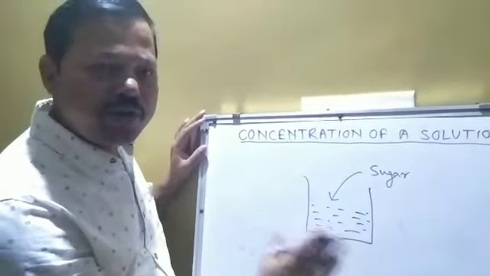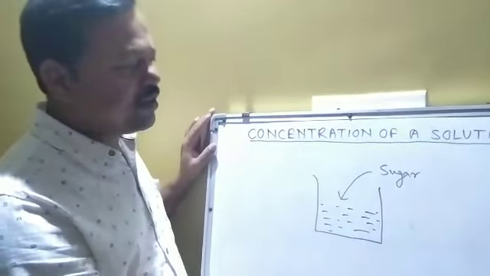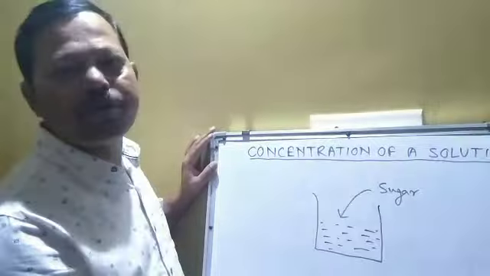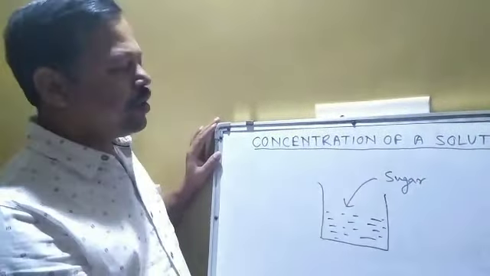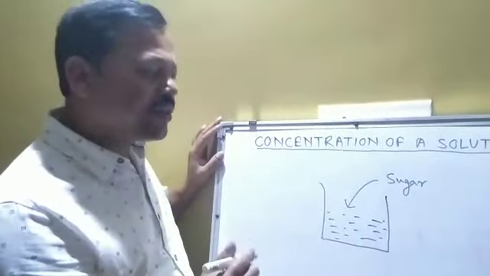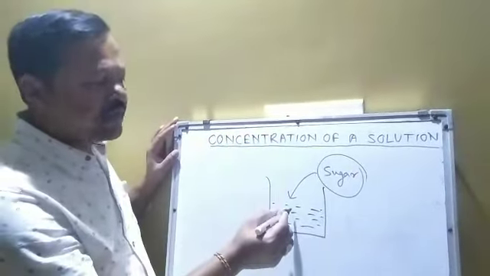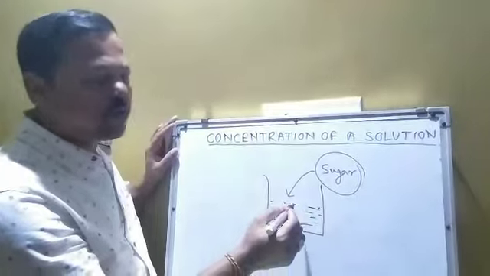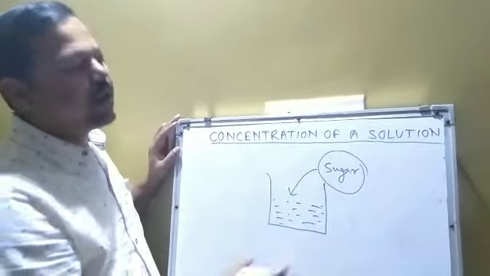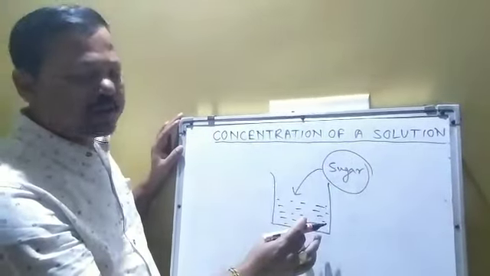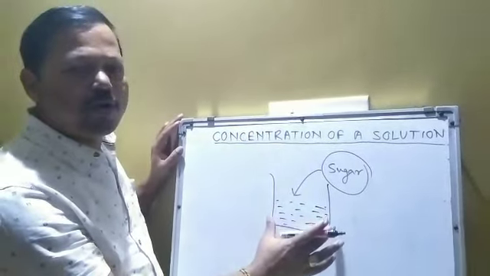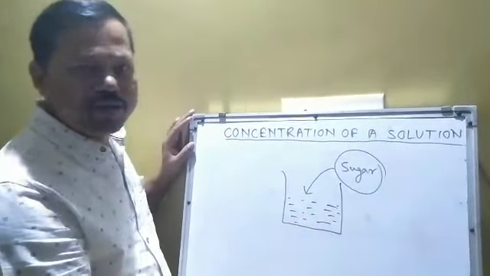As the sweetness increases, the concentration also increases. So what is concentration? Concentration means the amount of solute present in a given quantity of solution. As the amount of solute increases, the concentration of the solution also increases.